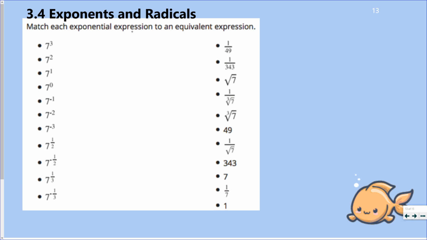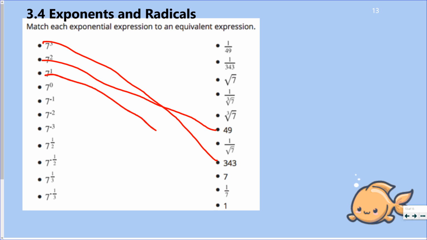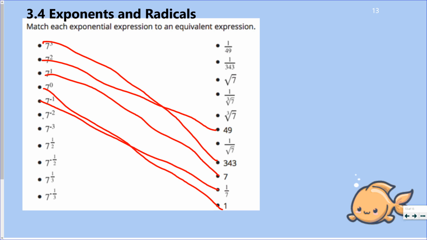So 7 to the 3rd, that's 343. 7 squared we know is 49. 7 to the 1st is just going to be 7. 7 to the 0, well, anything to the 0 power is 1. 7 to the -1st, 1 over 7. 7 to the -2, well, 7 squared is 49, so 7 to the -2 is 1 over 49. 7 to the -3rd.